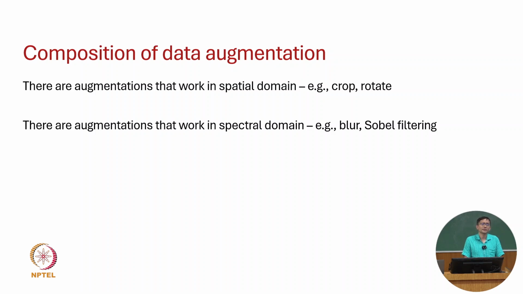We have not listed the possible augmentations here. I encourage you to research a bit about what data augmentations are possible, and this is something very important. It's used in a lot of different settings.